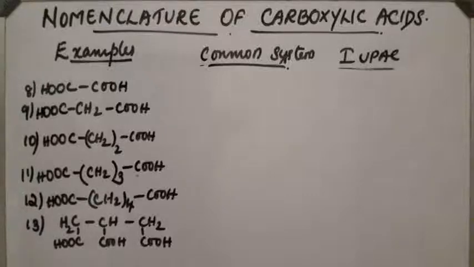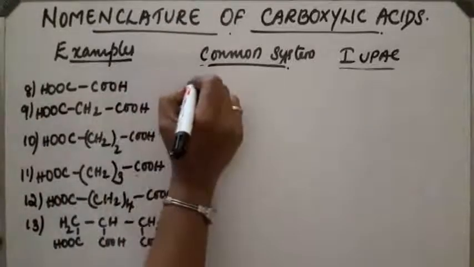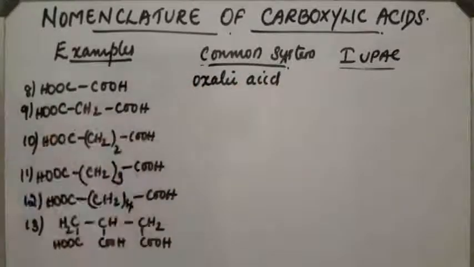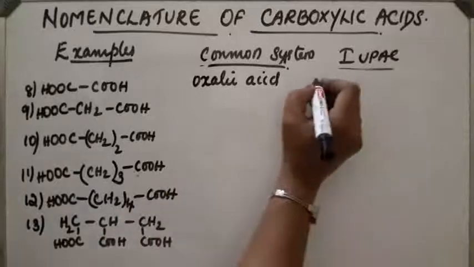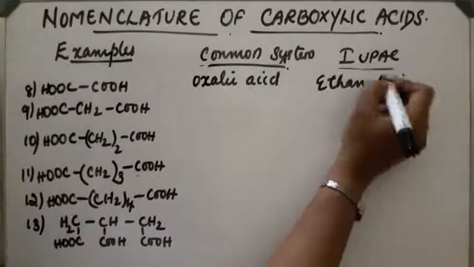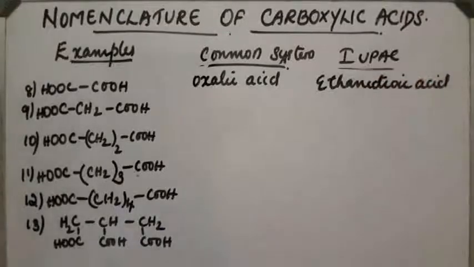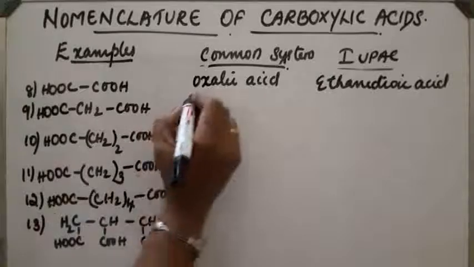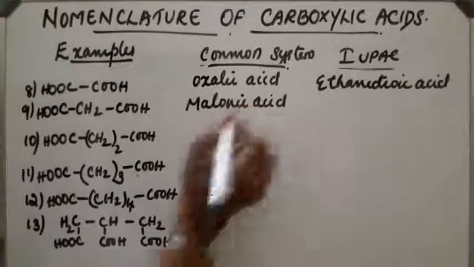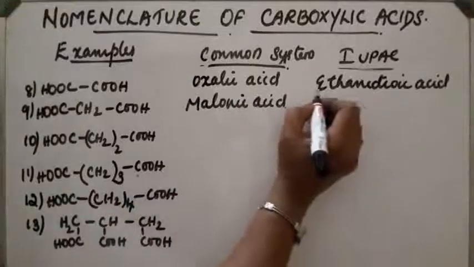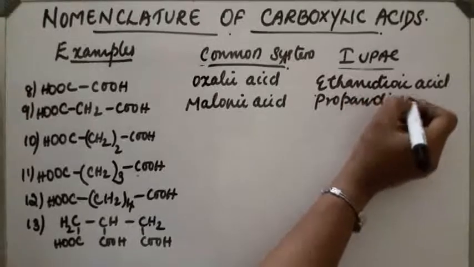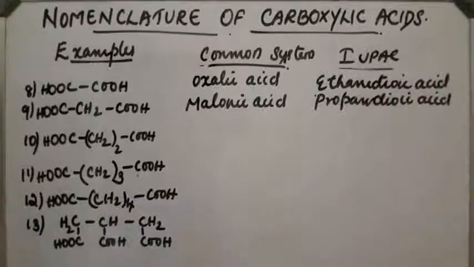Next compound, oxalic acid. This is called oxalic acid in the common system of naming. Two COOH groups are attached. This is ethanedioic acid in the IUPAC system. Next, this is malonic acid, propanedioic acid.